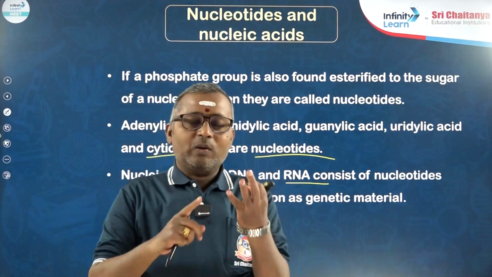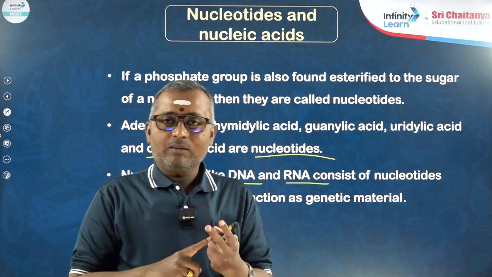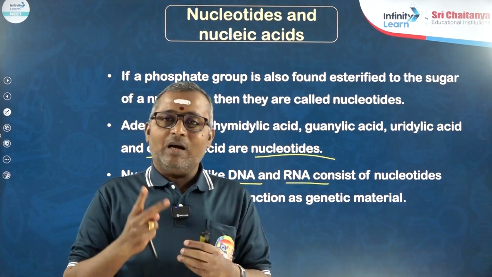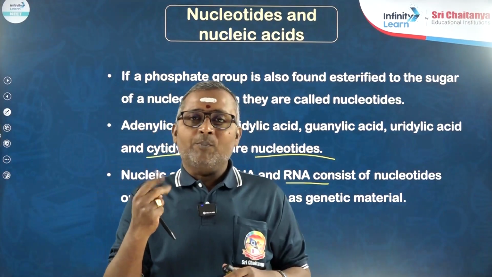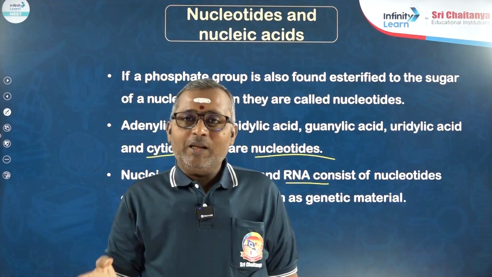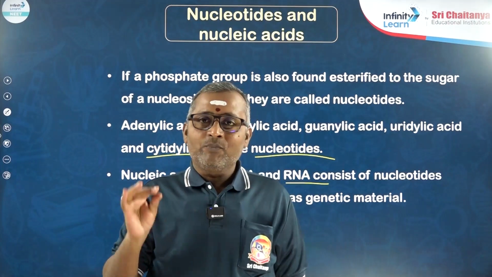A nucleotide contains a nitrogen base, pentose sugar, and phosphoric acid. Nitrogen bases are again of two kinds, purines and pyrimidines. Purines include adenine and guanine. Pyrimidines include thymine, cytosine, and uracil.